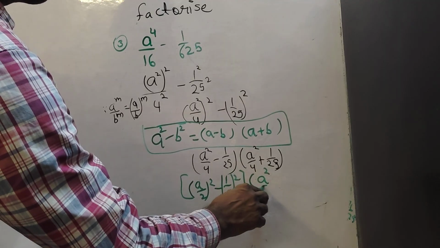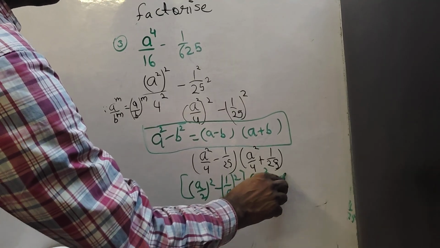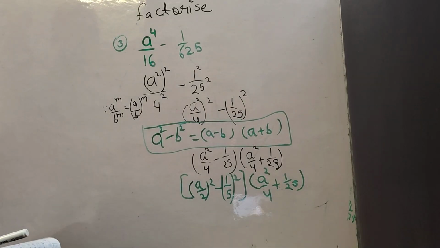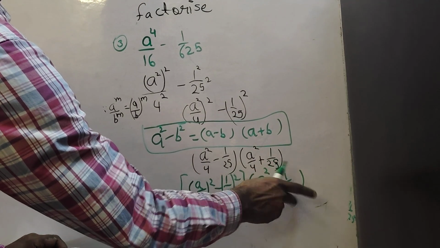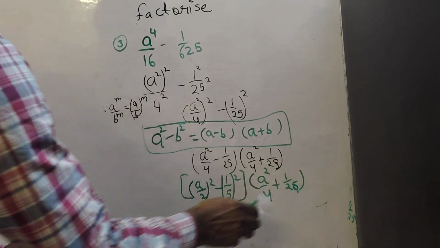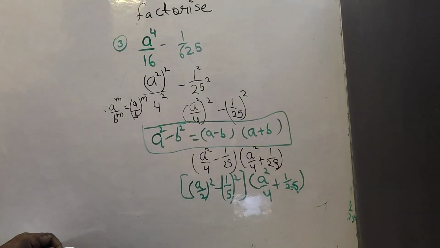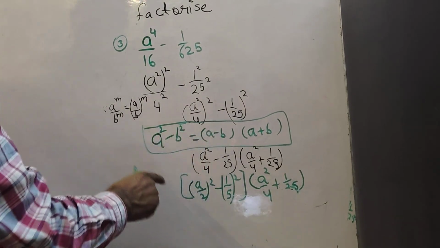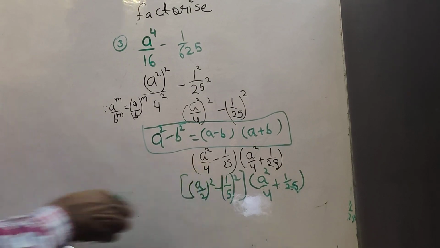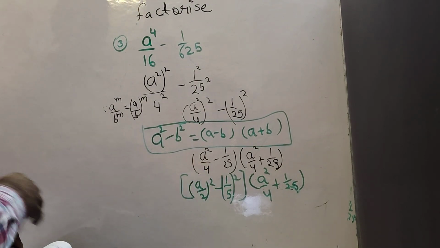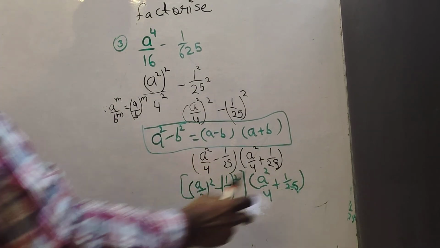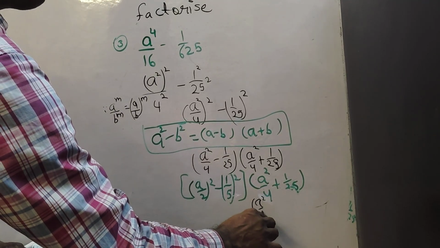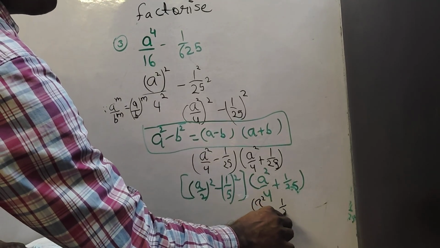There is no further factorization possible according to our small 8th class. So in the first bracket we again use this identity. This converts into two brackets, and the other bracket is written as it is: a square by 4 plus 1 over 25.